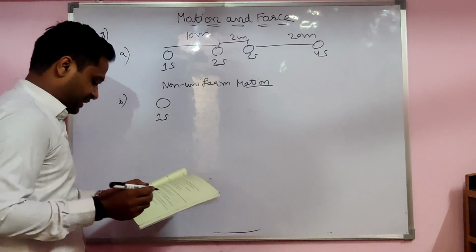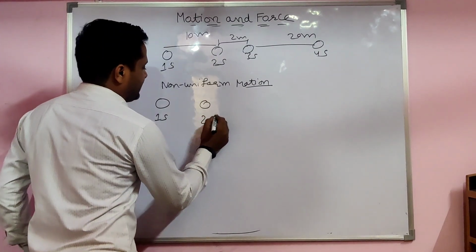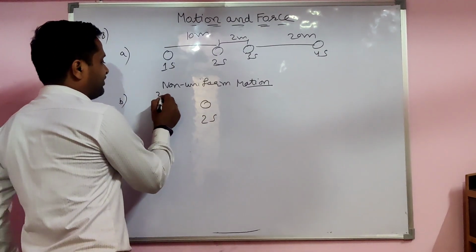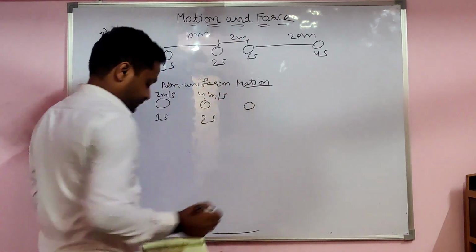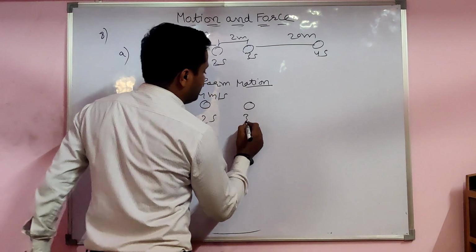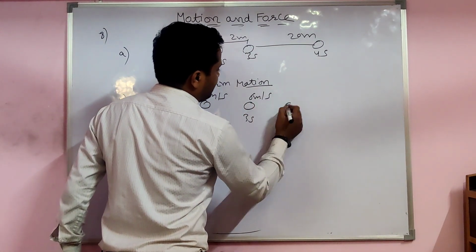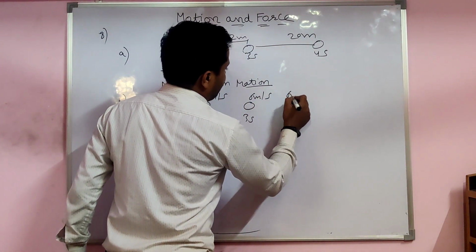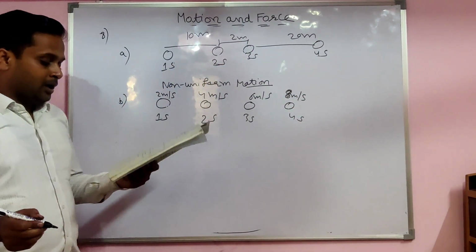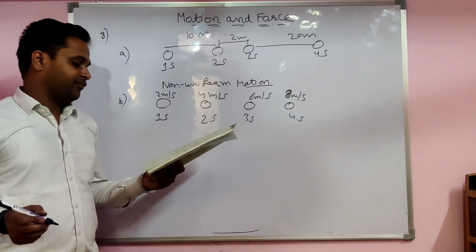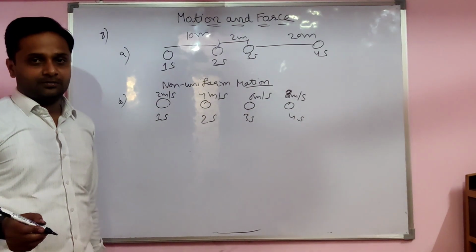In 1 second, the speed is 2 meter per second. Then 4 meter per second in 2 seconds. Then 3 seconds, 6 meter per second. 4 seconds, 8 meter per second. So here you have to know which type of motion it is.